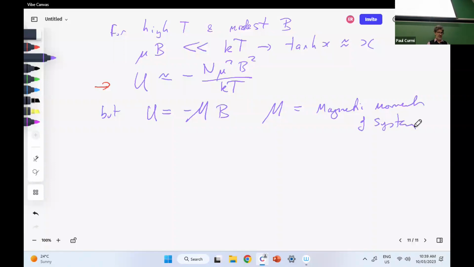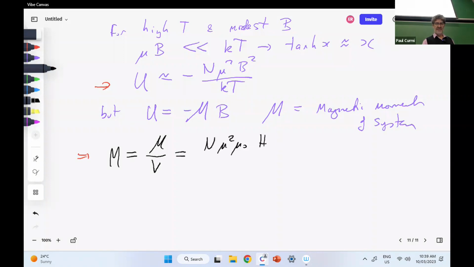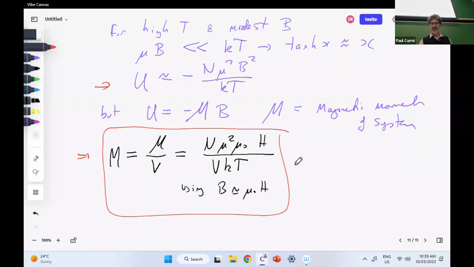So if I do that, I get that M, the magnetization per unit volume, which is the net magnetization divided by volume, is equal to N mu squared mu naught H over VkT, using that B is approximately mu naught H. And this is just equivalent to Curie's law.